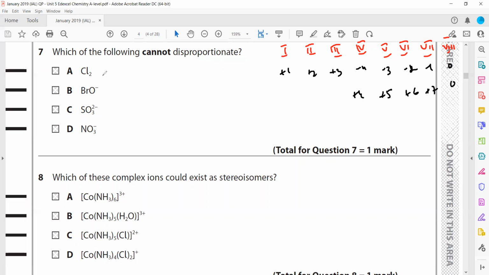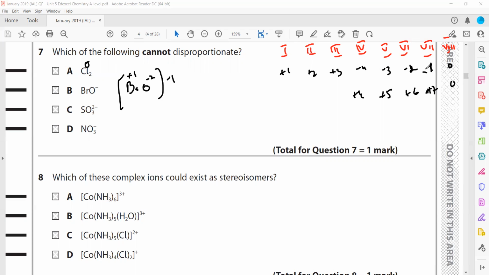So here in a chlorine molecule, it is 0. Chlorine is group 7. So 0 can convert into -1. It can convert into +7. So oxidation and reduction can happen. In a bromate ion, oxygen is -2. So 2 oxygen is -2, and so it will be +1. This bromine is +1, and bromine belongs to group 7. So it can change.